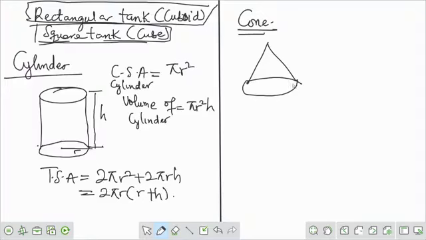Now they ask you to find the total surface area of a cone. In a cone we have the radius, the slant height, and the vertical height. Please take note: this is the vertical height. If they say slant height, this is the slant height. L is the slant height. Slant height is a height that is slant; when something is slant, it's not straight.